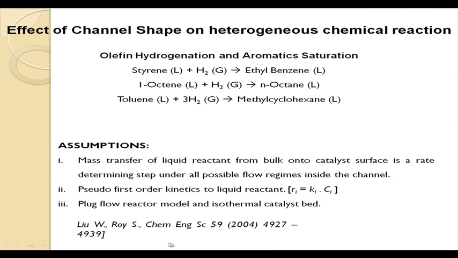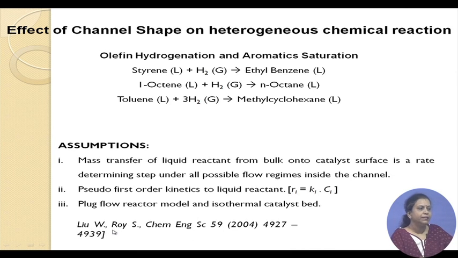In this respect, a good amount of work has been done, but relevant to our lecture is the study by Liu and Roy, where they have adopted 3 particular hydrogenation reactions: styrene hydrogenation, isooctane hydrogenation and toluene hydrogenation. Out of these, the first 2 are kinetically very fast, while the last one is kinetically slow.